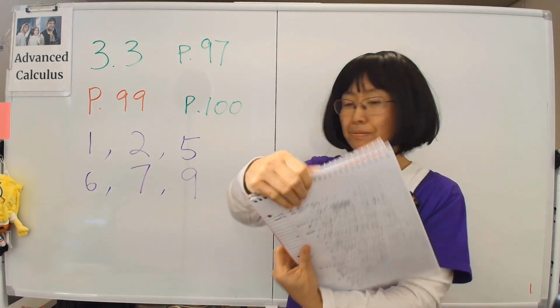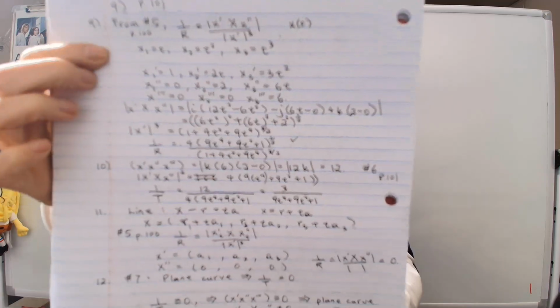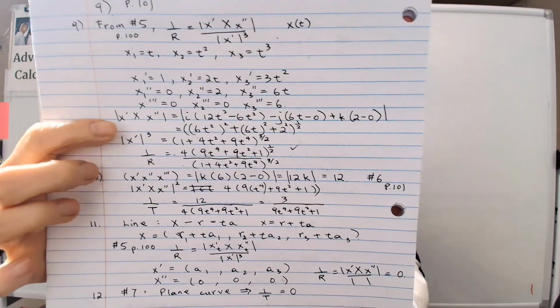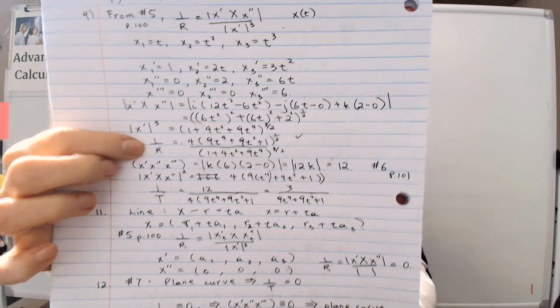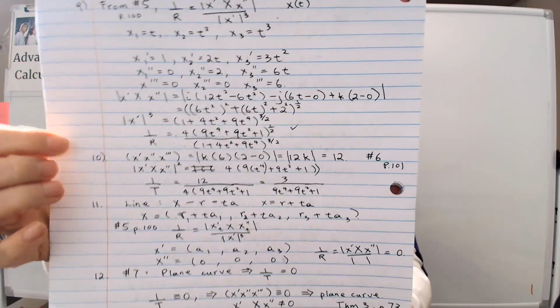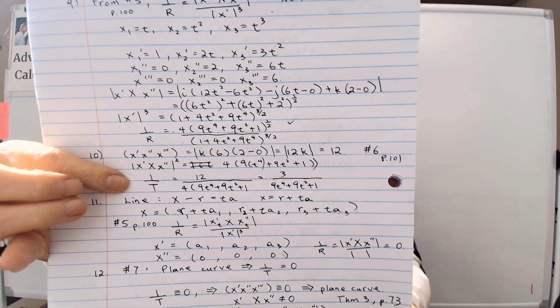And then the next problem, problem 9, is just a direct calculation of the twisted cubic, which is fine. Let's calculate all the derivatives and follow the formula. What is the formula? We're calculating 1 over r, okay? And then problem 10, where we calculate 1 over t.